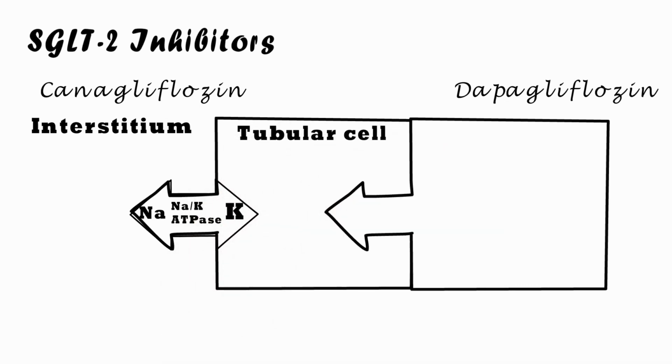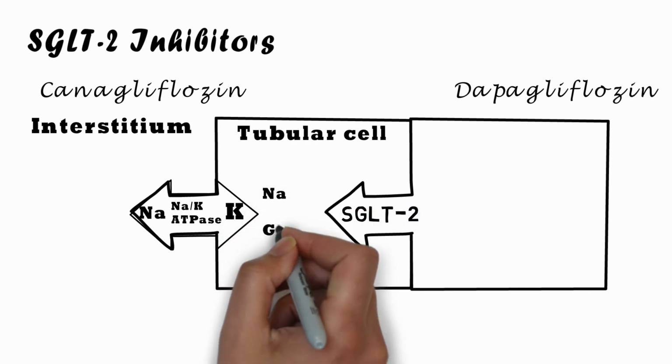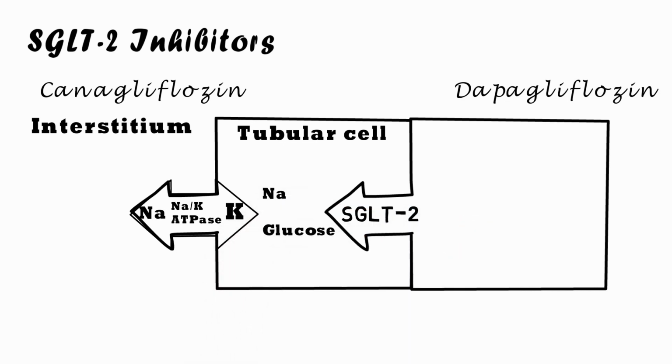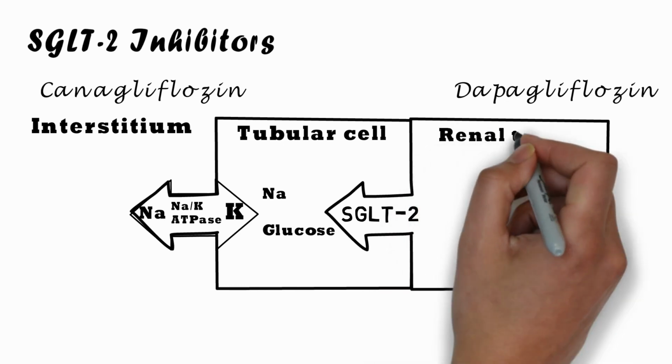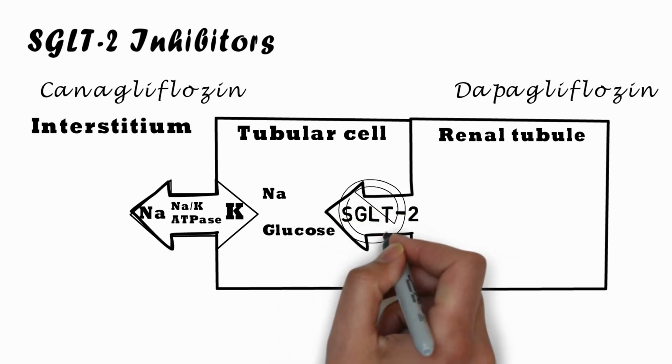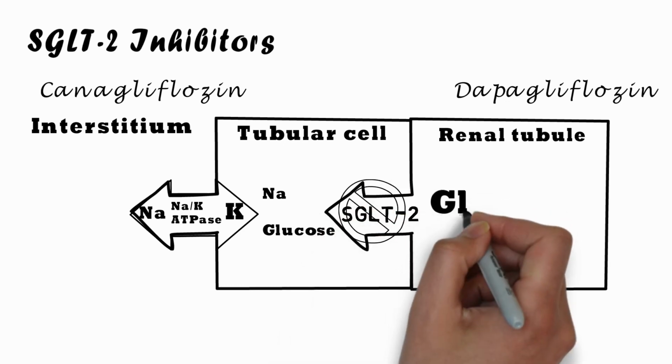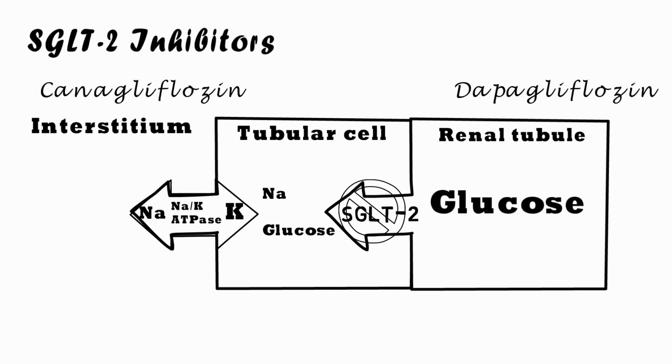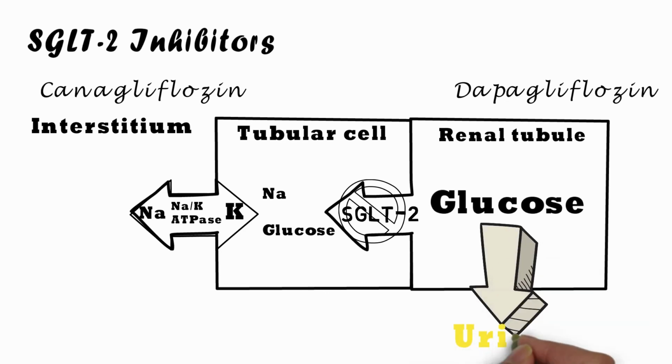Based on this concentration gradient, the sodium-glucose co-transporter 2 transports sodium and glucose into the tubular cell from the renal tubule. The sodium-glucose co-transporter 2 inhibitors inhibit this channel, and the glucose is retained in the renal tubule, which is then excreted in the urine. So these agents reduce the blood glucose level by increasing the excretion of glucose in urine.